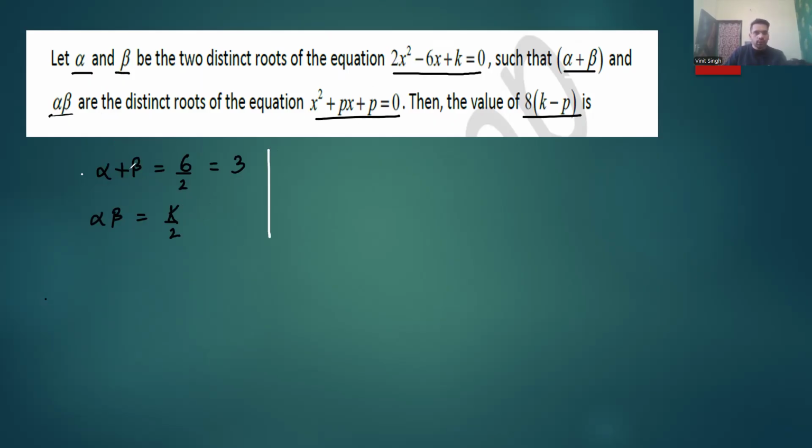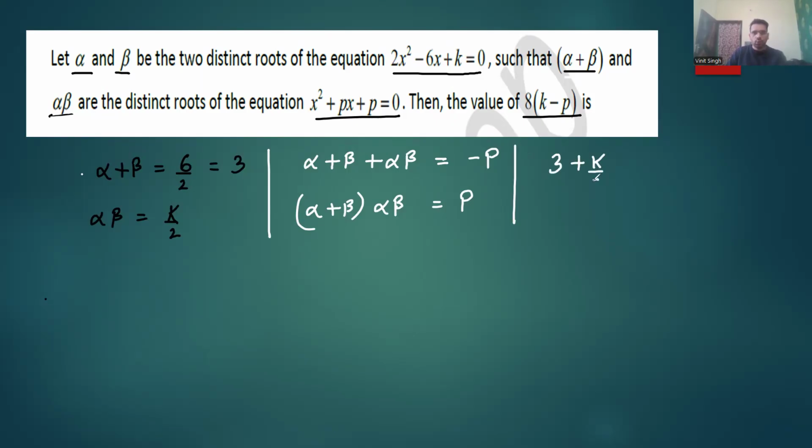So the sum of these two roots, alpha plus beta plus alpha beta, is equal to minus p, and the product of the roots, alpha plus beta into alpha beta, is equal to c upon a, which is equal to p.